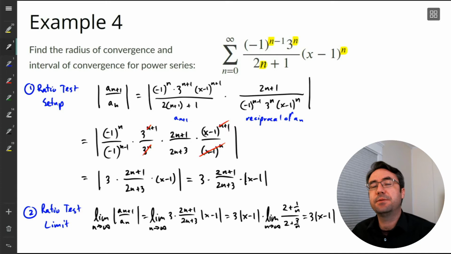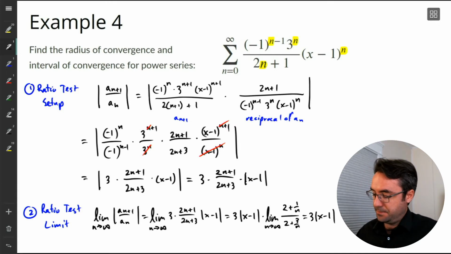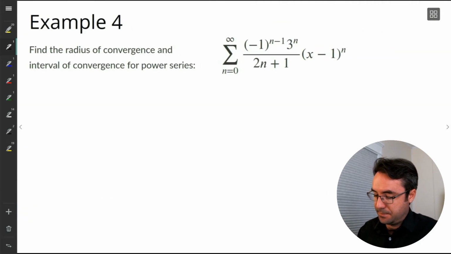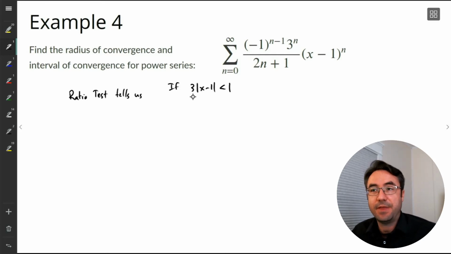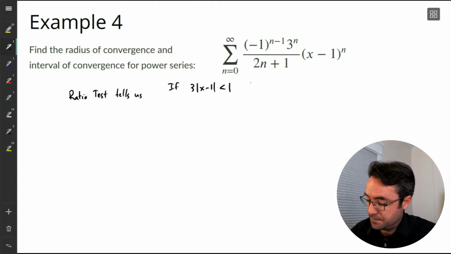And let's think about what the ratio test actually says. The ratio test tells us if that limit, if 3 times the absolute value of x minus 1 is less than 1, if that limit that we just calculated is less than 1, then the series converges.